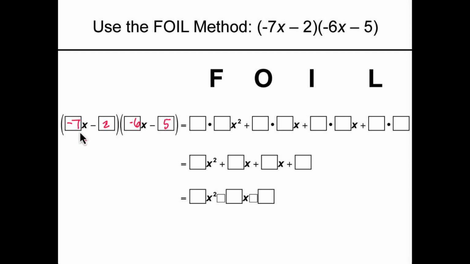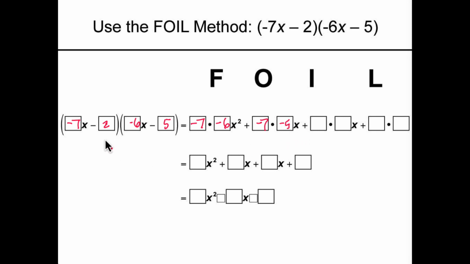Starting with the first terms, we get negative 7x and negative 6x. So we get negative 7 times negative 6x squared. And then the outside terms, negative 7x and minus 5 here. So we get negative 7 times negative 5x.